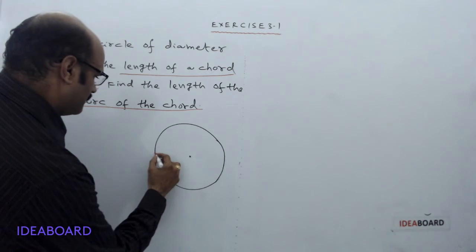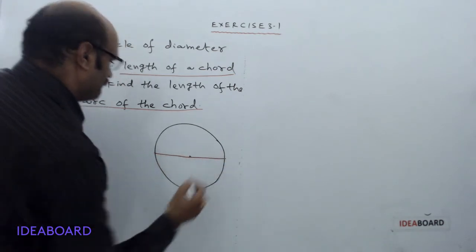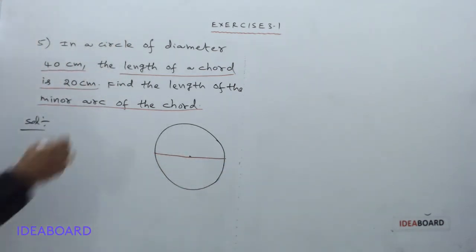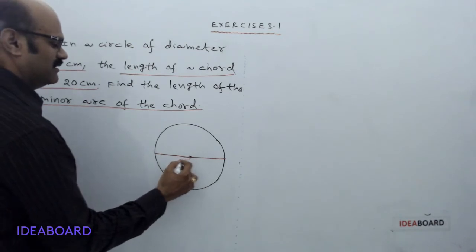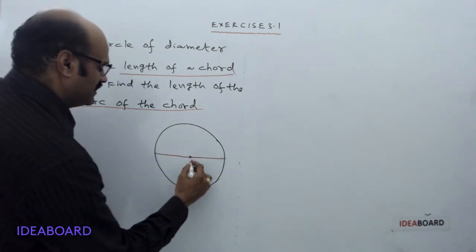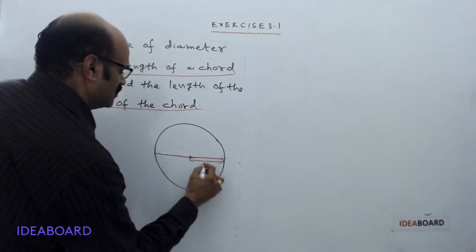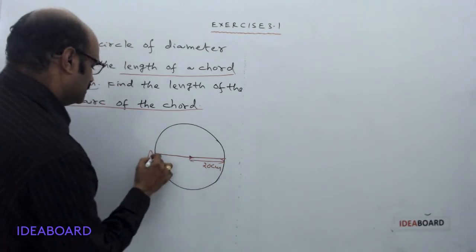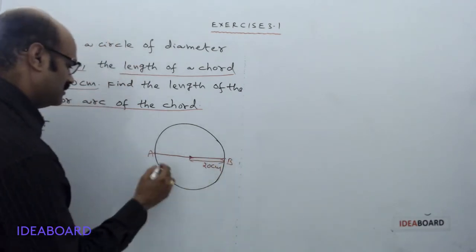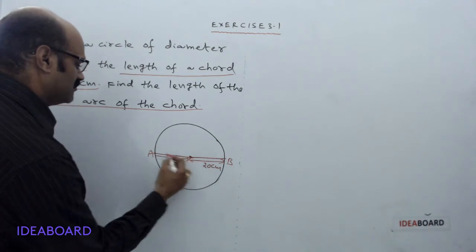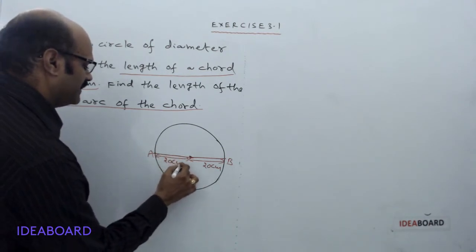The length of the diameter is given by 40 centimeter. This whole length is 40 centimeter. Then this will be equal to 20 centimeter. This is A, this is B, and this one is also equal to 20 centimeter.